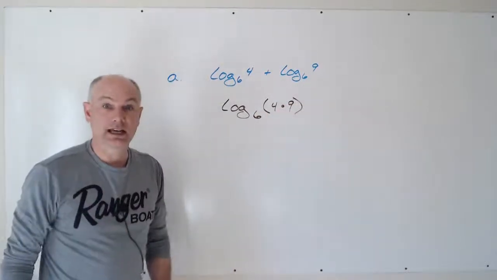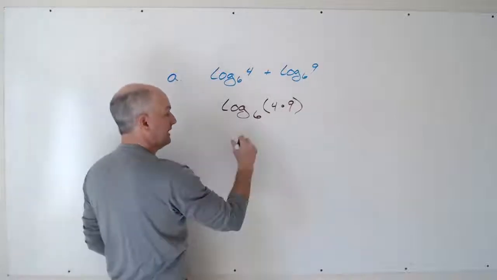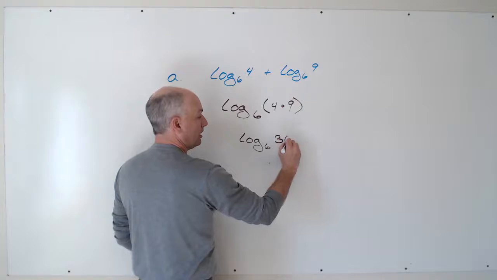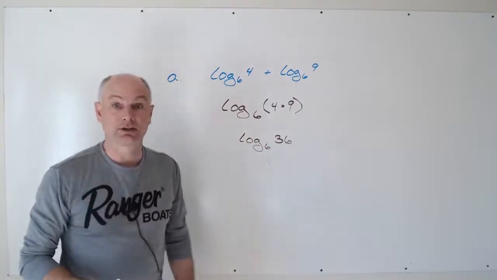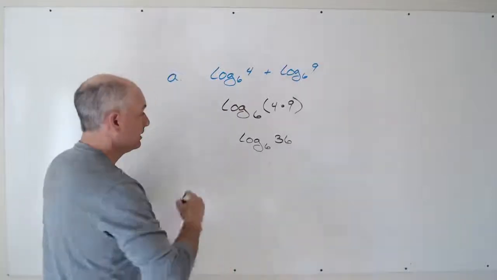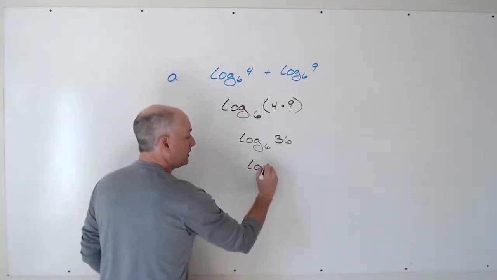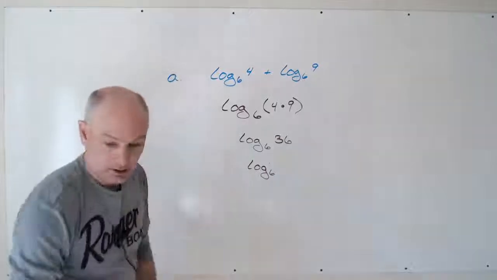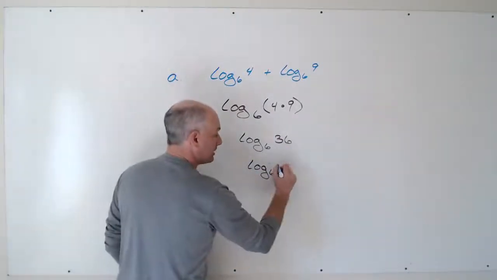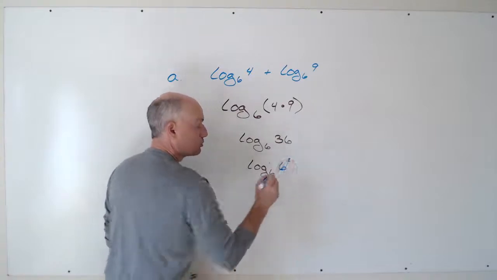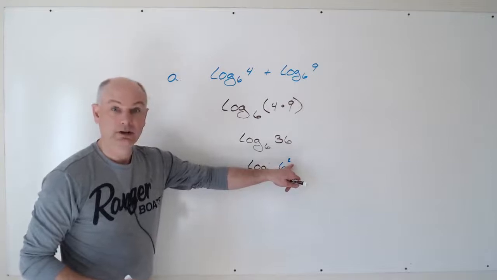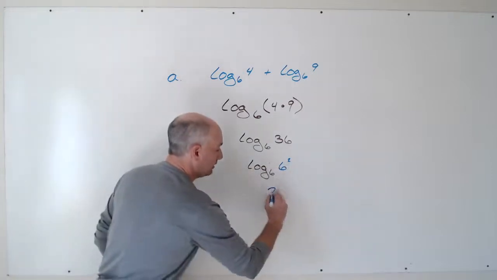So notice in this case, if I simplify that, I can say that this is now log base 6 of 36, but we should recognize 36 can be written as base 6. So we would then use a previous property that we have already seen, log base 6, and 36 being 6 squared, log base b of b to a power is the power itself.